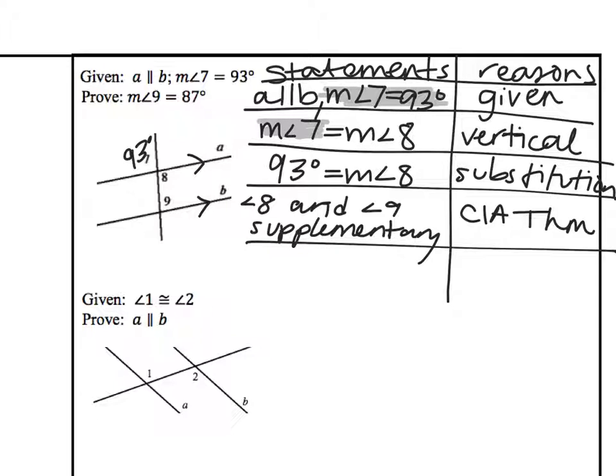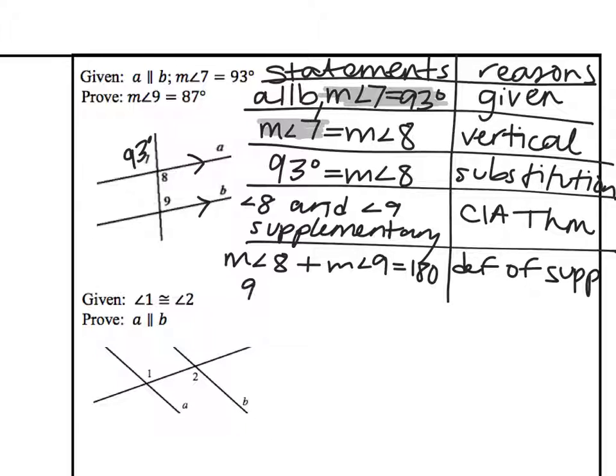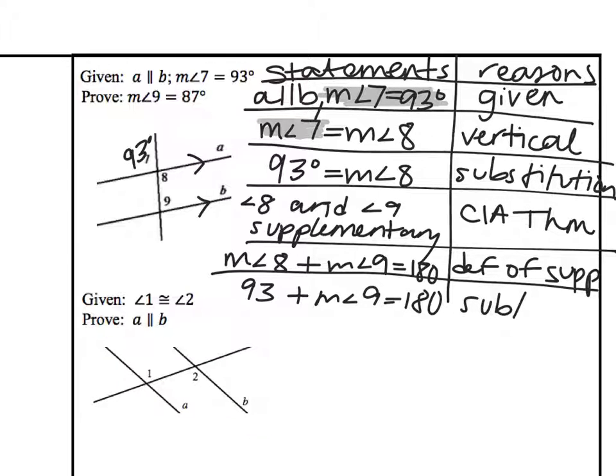We write an equation for 180. That 8 and 9 add to 180. This would be the definition of supplementary. And then can you please substitute and solve? Measure of angle 8 plus measure of angle 9 is 180. Yep. Substitution. Jacob, what's the last thing I should do?